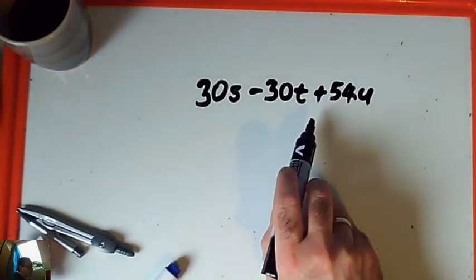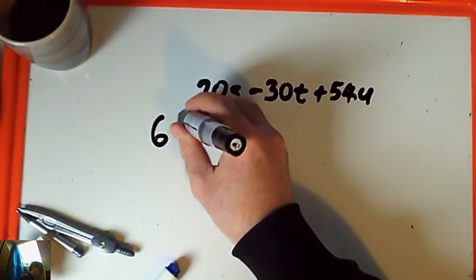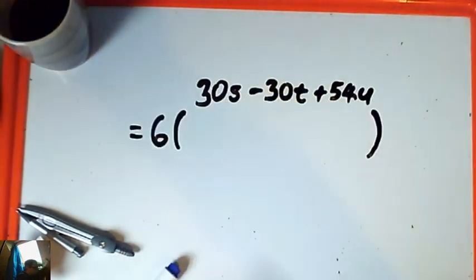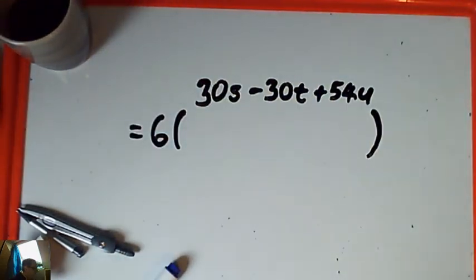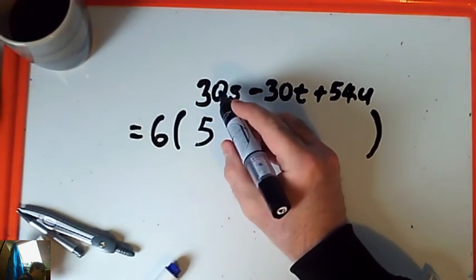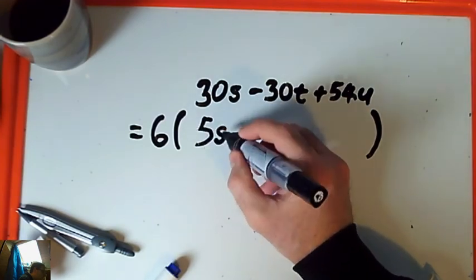It's 6. The biggest number that you can divide 30 and also 54 by is 6. So 6 times 5 would give you 30. 6 times 5s would give you 30s. Next term.